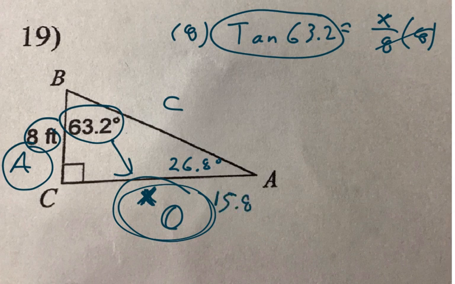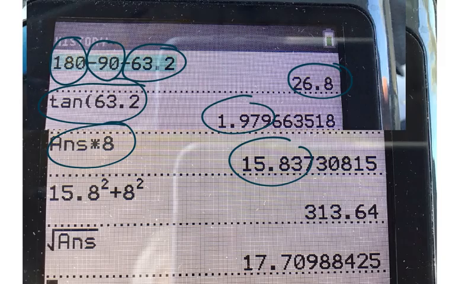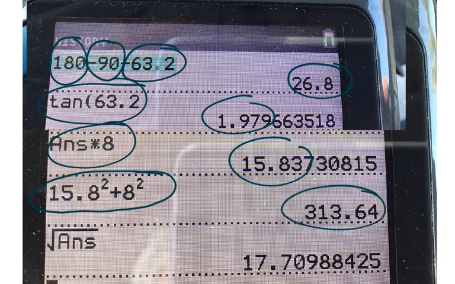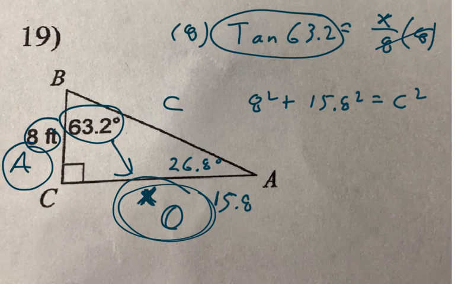Now we're ready for Pythagorean theorem to find the hypotenuse. 8 squared plus 15.8 squared equals our c squared. All right. So 15.8 squared plus 8 squared is 313 and some change. We got to take the square root because we want c, not c squared. And that tells us our hypotenuse is 17.7.